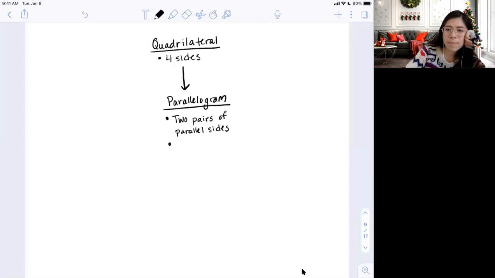It has to do with the opposites. So diagonals bisect each other. Yes, that was one of them. I'll write that next. Diagonals bisect. Anything else?